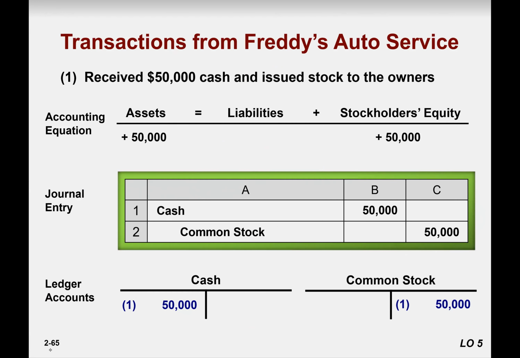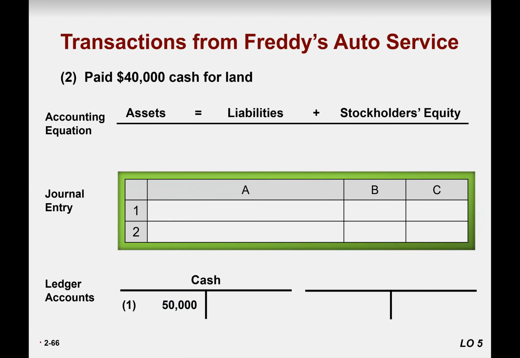Let's move forward. Now answer this question. Paid 40,000 cash for land. So recall the three-step process for journalizing. Analyze the transaction, which means finding out the accounts, finding out increase or decrease, then make the entry.